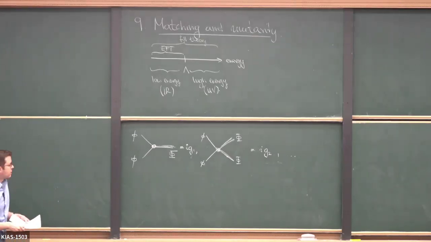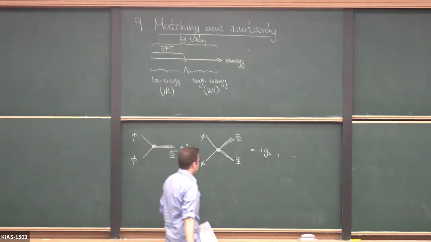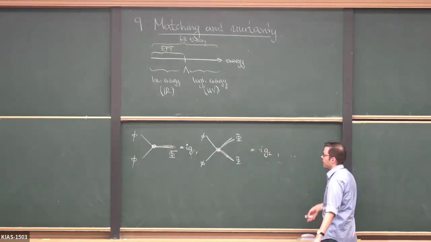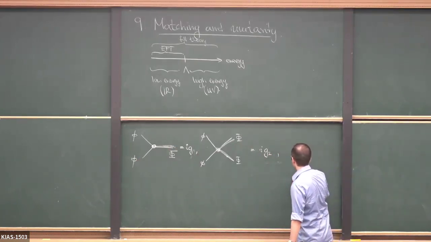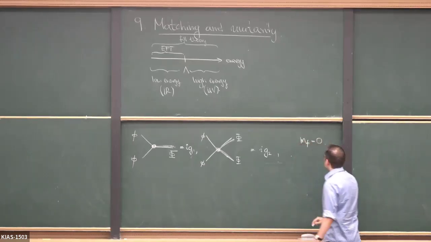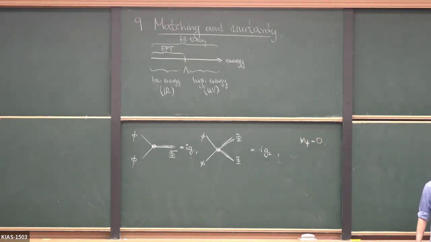Okay, so what I'm going to do is pretend that the light field is very light, below the cutoff. In fact, it's going to be convenient to just start with the case of a massless field. It doesn't get lighter than that.